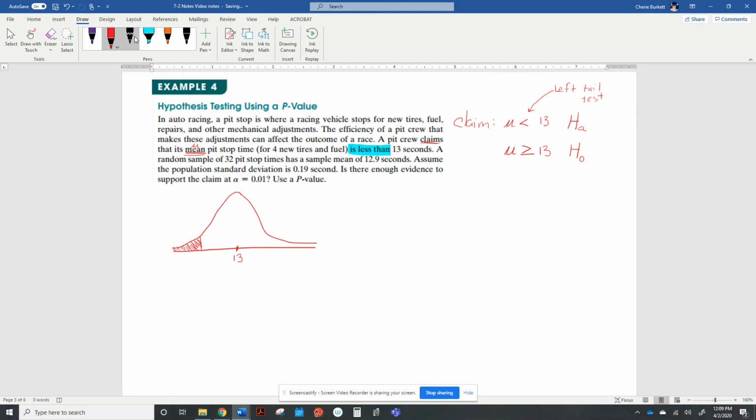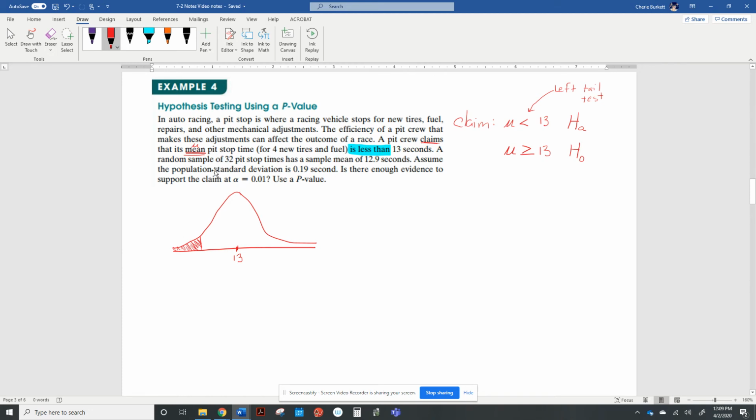Now all of this other stuff right here is what we need to know in order to finish the problem. Let's see what else it tells us. A random sample of 32 pit stops has a sample mean. Do you see what it just did?